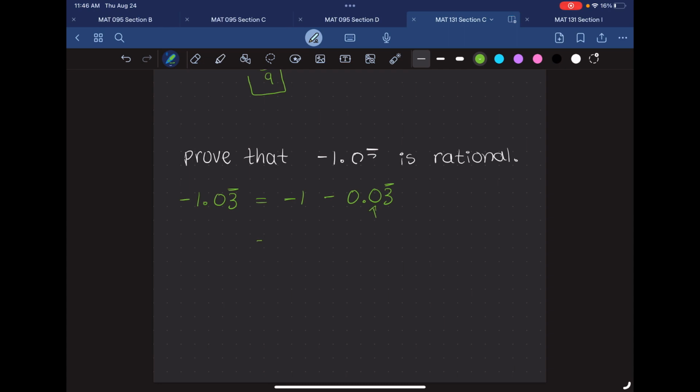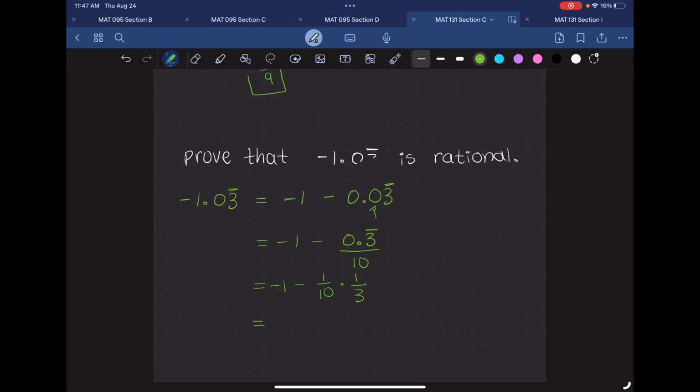And the way that I can do that is by writing 0.3 repeating, which I know how to deal with, over 10, because that's going to move my decimal point. So now I have negative 1 minus 1 over 10 times 0.3 repeating, which I know is 1/3.